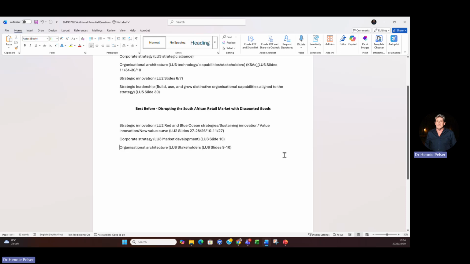And then there are some elements of organizational architecture. Learning Unit 6, again, some sort of reference to stakeholders. Now, obviously, that is what I can discern from what is in the actual case study.